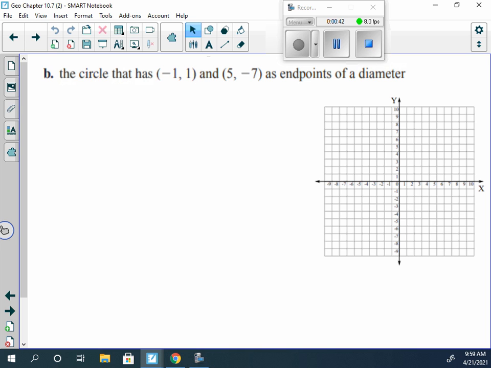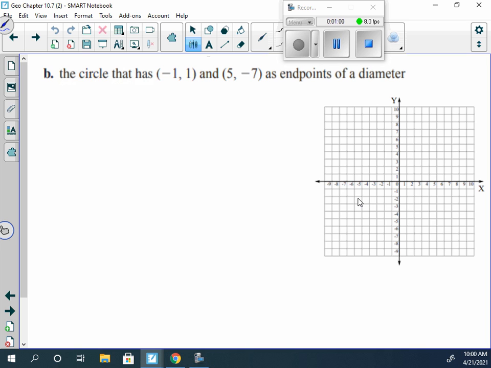So what we do know is that the diameter is a chord that goes through the center of the circle and is twice the radius. So it's going to work out that the center of the circle is in the exact center of the diameter.